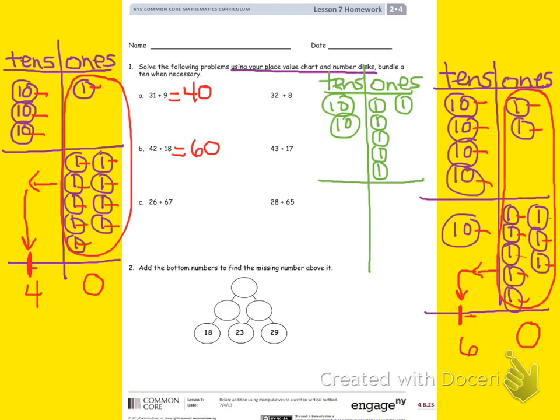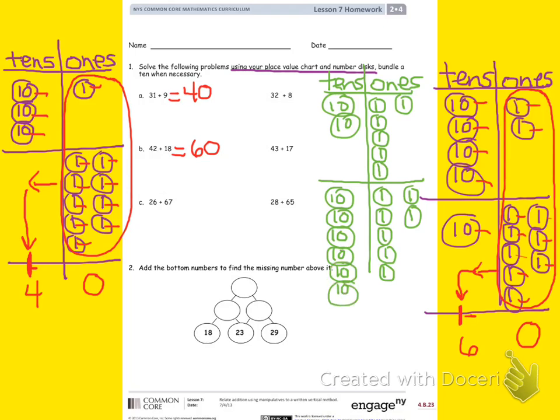Okay, now 67. 67 has 7 ones. 1, 2, 3, 4, 5, 6, 7, and 6 tens. 1, 2, 3, 4, 5, 6. Oops, why don't I go ahead and move that last one over here.